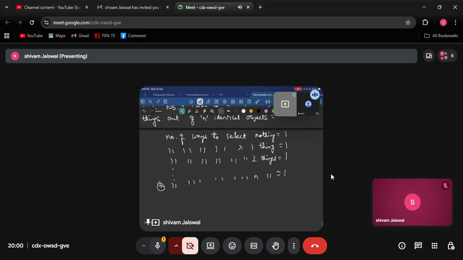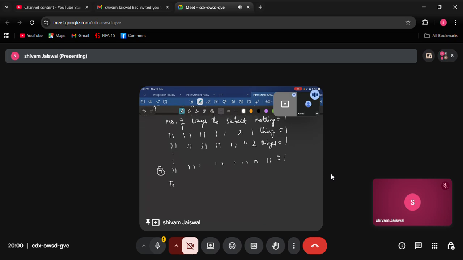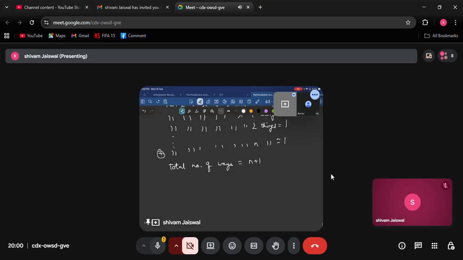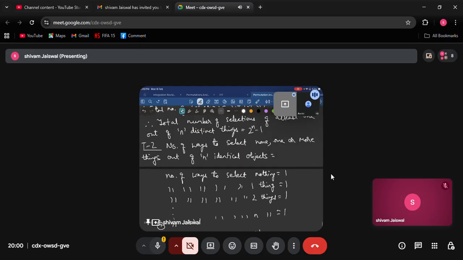Total ways to select none, one or more identical things will be n plus 1. Okay. Next. So over here I'm writing down the number of ways will be n plus 1. Okay, this is the proof.